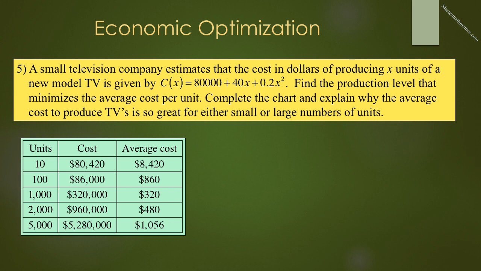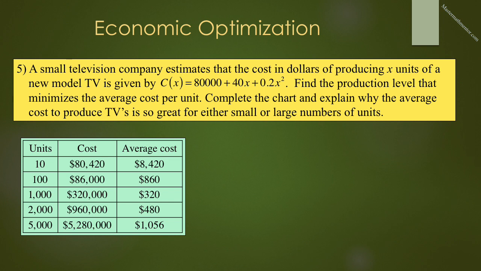$80,420 to produce them. Therefore, the average cost is $8,420. If they made 100 units, it would cost $86,000 to produce them, and therefore the average cost goes down to $860. 1,000 units has an average cost of $320.